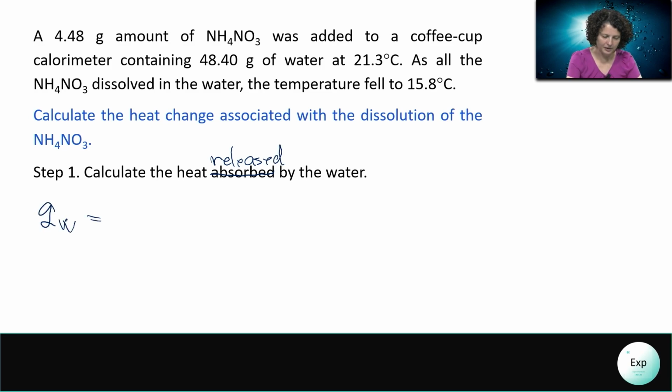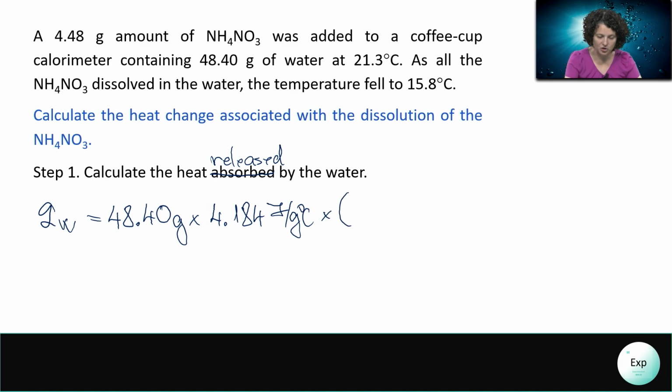The heat of the water is equal to the mass of the water, 48.40 grams, times the specific heat of water, 4.184 joules over gram Celsius, times the temperature change, final, this is the 15.8 degrees Celsius minus initial, 21.3 degrees Celsius.